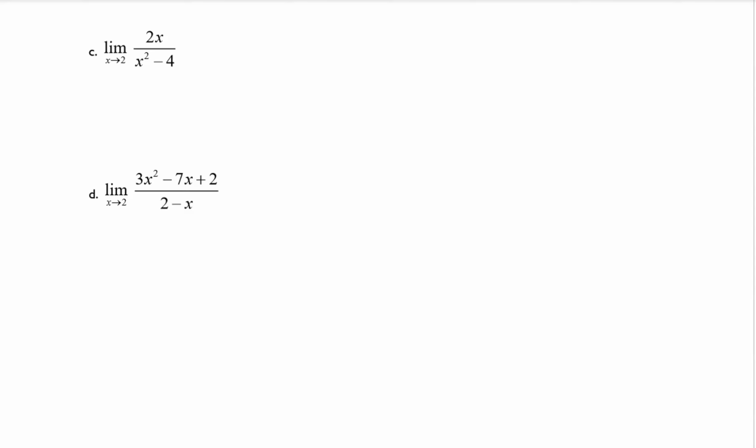And so I'm going to make an XY table, and we're going to approach values from both the left side of 2 and the right side. So I might do 1.9, 1.99, 1.999, maybe 2.001, 2.01, and 2.1 to see if that might help us figure out some of those values. Now I'm going to ask that you do that on a calculator on your own, and then I'll come back with those values.